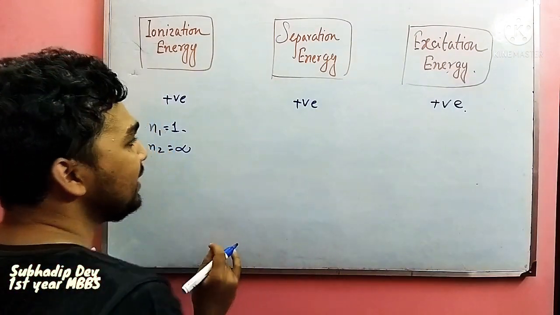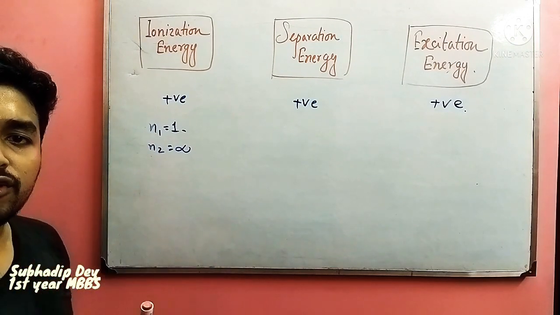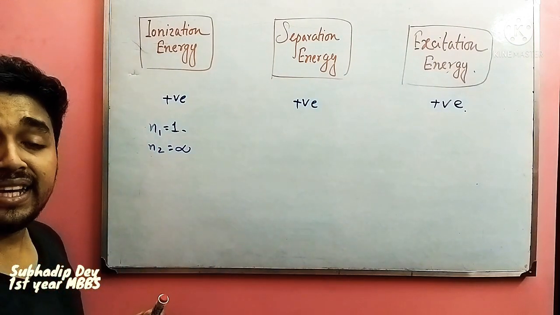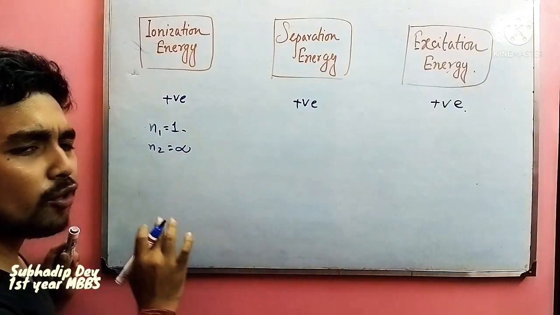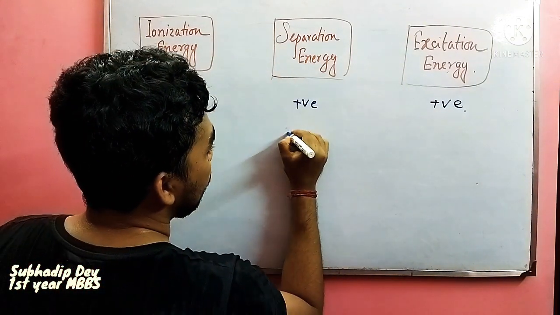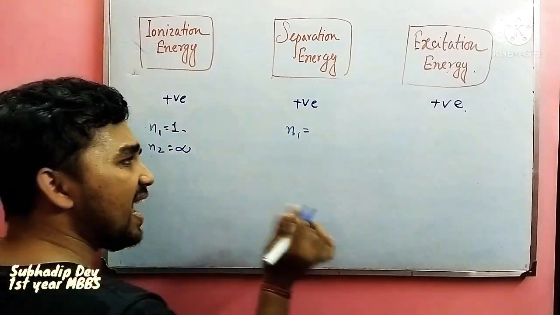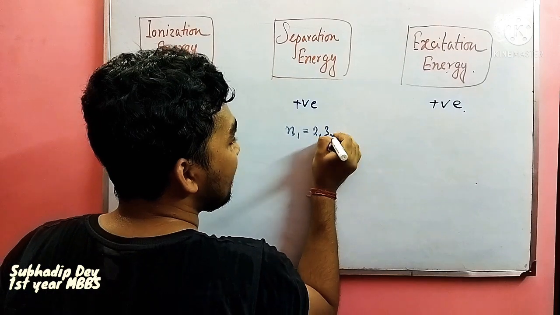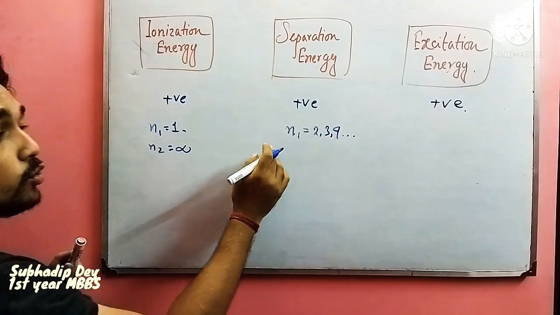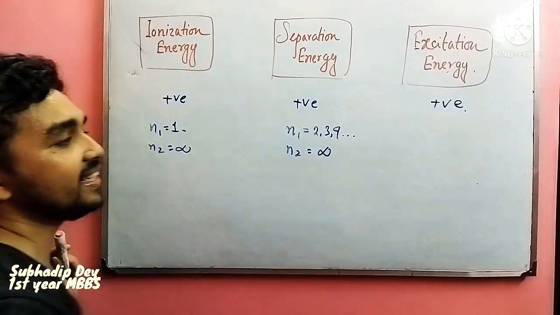But the difference is that the electron is not removed from the ground state; rather, it is removed from any one of the excited states. So for separation energy the N1 value will be anything except 1. It may be 2, 4, anything, and the N2 value is also infinity here.